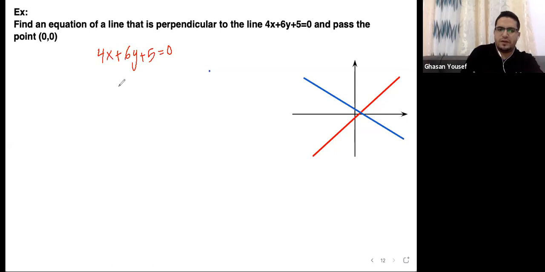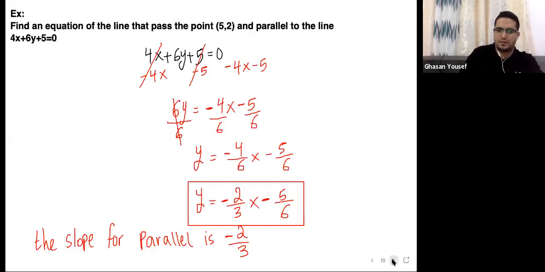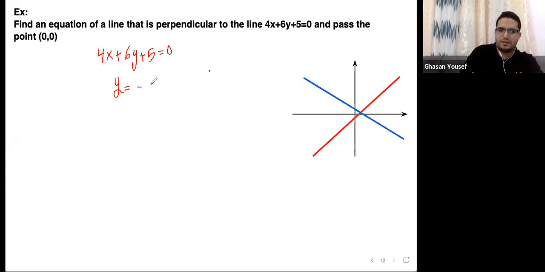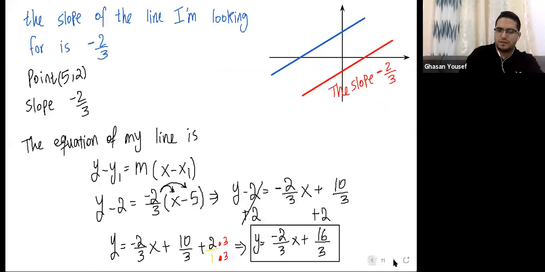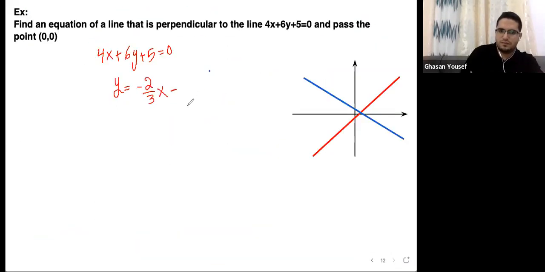So if I rewrite it using the previous example, y equals minus 2 over 3 x minus 5 over 6. This is the equation of this line.